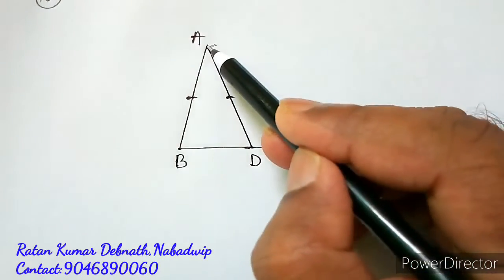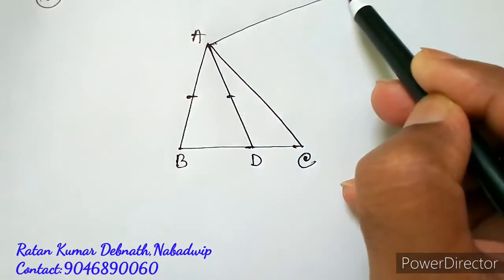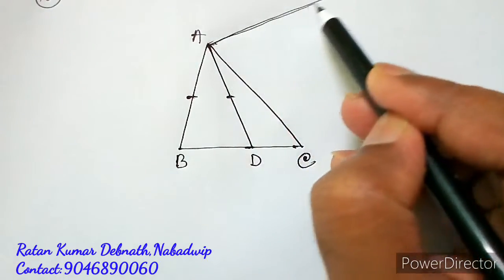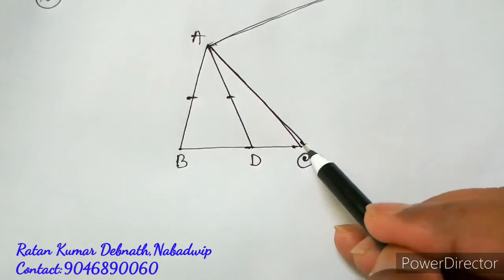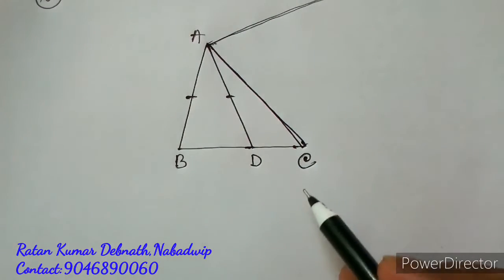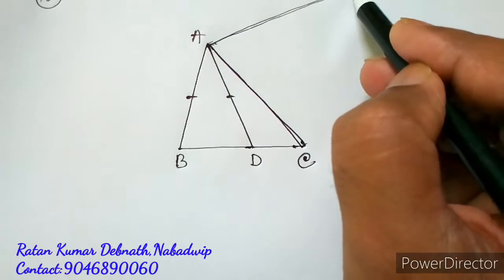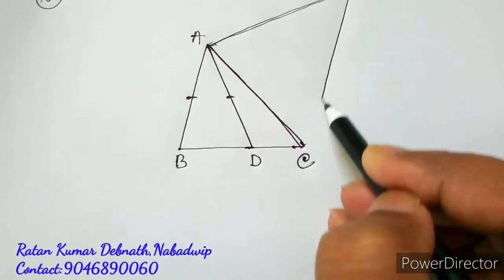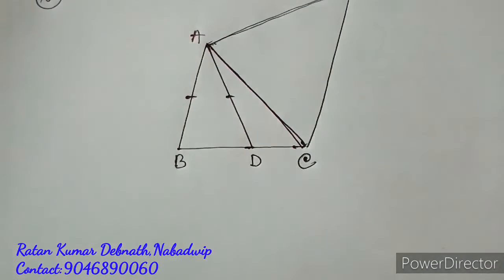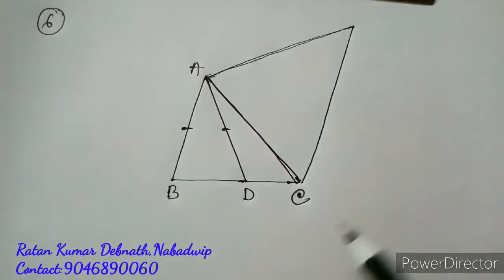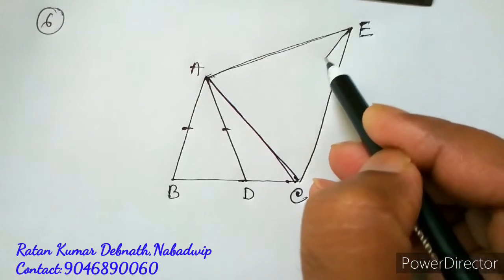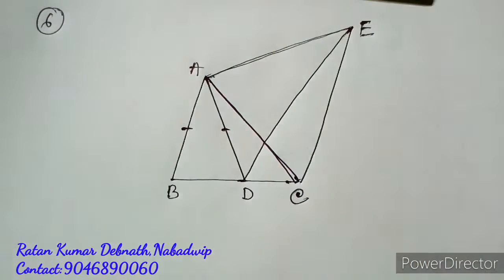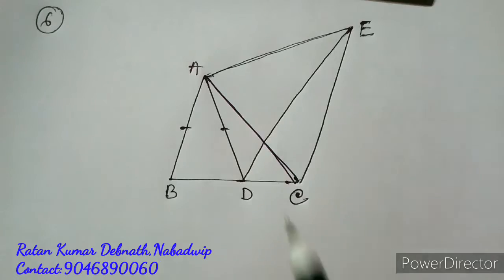So approximately I am drawing this line equal to this line and join these two. This is our E. Let's join it. This is our approximate figure.